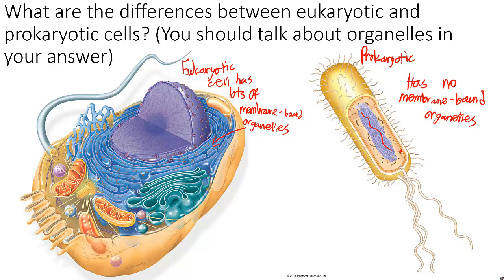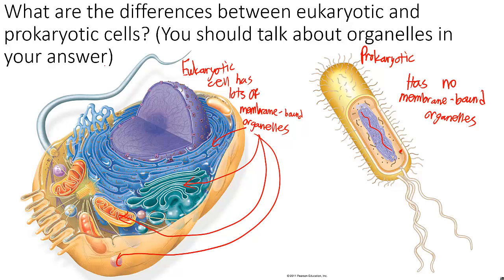Remember, a membrane is just a layer or separation, and you can see that this organelle's got a wall between it and it's a little special compartment. You've got a special space over here. You've got a special space there. We've got a special space right here. There are tons of different membrane-bound organelles that separate spaces inside a eukaryotic cell. It's nice and organized.